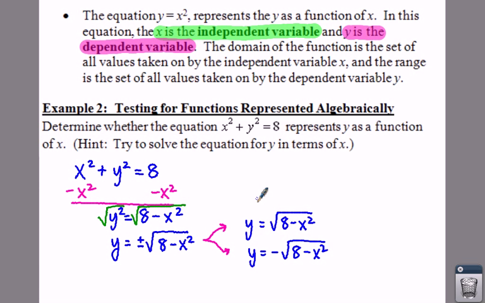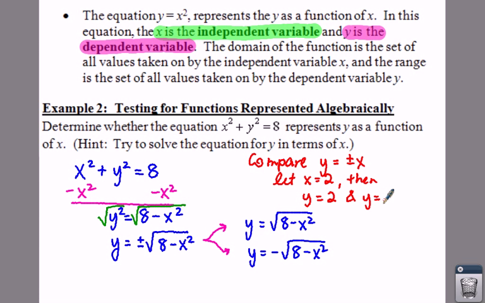The way you can compare this is with something that makes a little more sense. Let's compare with y equals plus or minus x. What this would mean is if you let x equal 2, then y is equal to positive 2 and y equals negative 2.